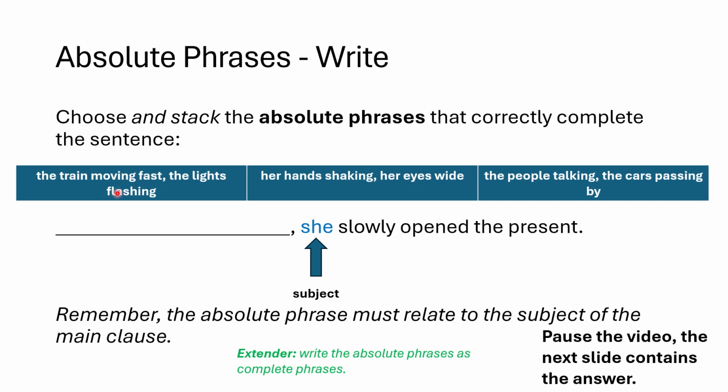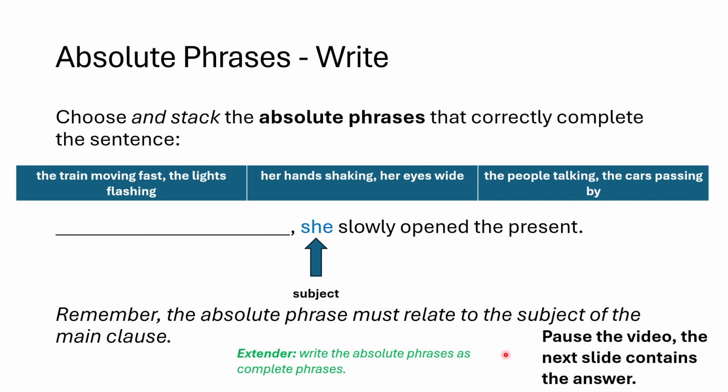The train moving fast, the lights flashing. She slowly opened the present. Her hands shaking, her eyes wide. She slowly opened the present. The people talking, the cars passing by. She slowly opened the present. Pause the video.